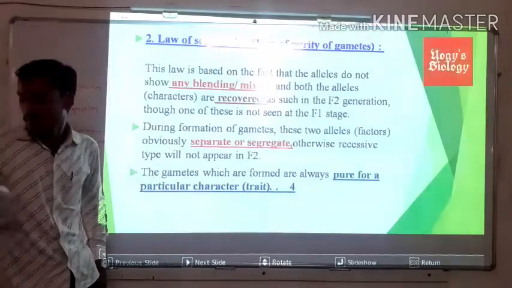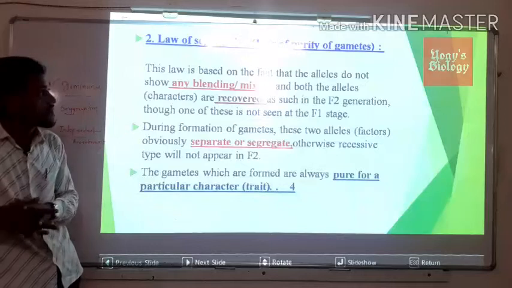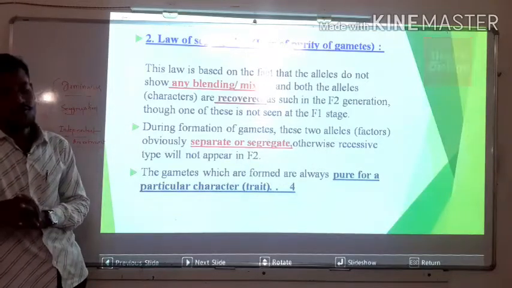Then the second law, the law of segregation, also called the law of purity of gametes.